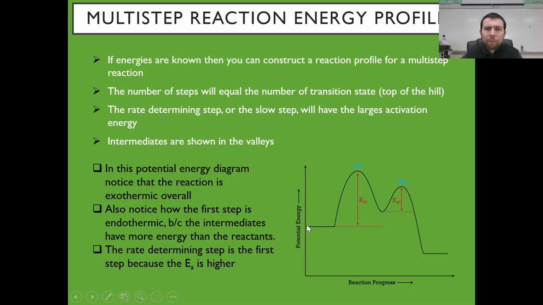Analyzing the graph, we can see that the first step is endothermic, so step 1 has a positive delta H value. The difference between here and here is positive. And like we stated, the rate determining step is the first step because the activation energy for that step is higher.